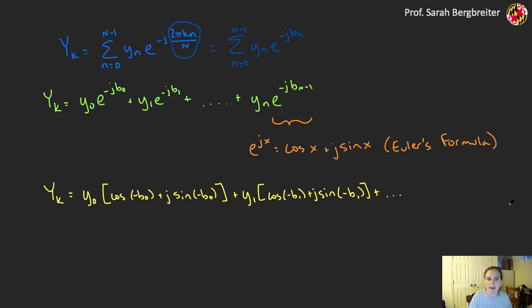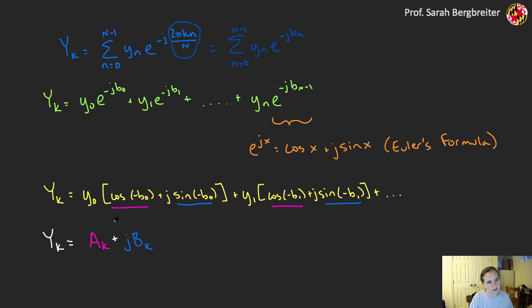And I can keep doing that for all of my samples. So ultimately, when I'm writing my y of k, I'm going to have a combination of real signals here. So all of these cosine minus b terms are going to be my real signals. So I can write those as some a of k again, plus some combination of the imaginary terms, so all the sine terms here as well. So it'll be plus a j b k.